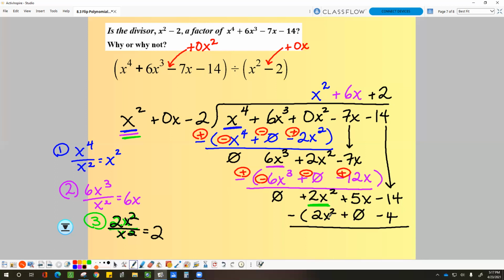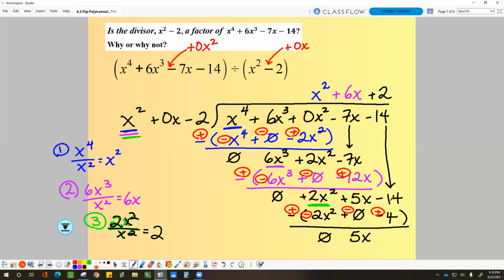I need to subtract this polynomial, so I change the signs and combine like terms. 2x squared minus 2x squared is 0. 5x minus 0 is 5x.